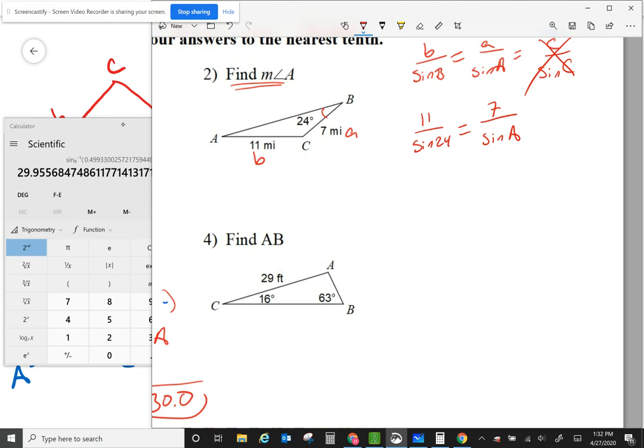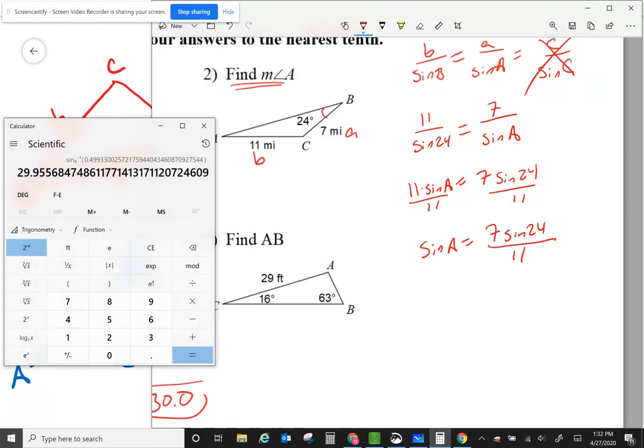Let me cross multiply. 11 times sine of A is equal to 7 times sine of 24. Let me divide both sides by 11. So I have that sine of A is equal to 7 times sine of 24 divided by 11. Let me figure out what that is.